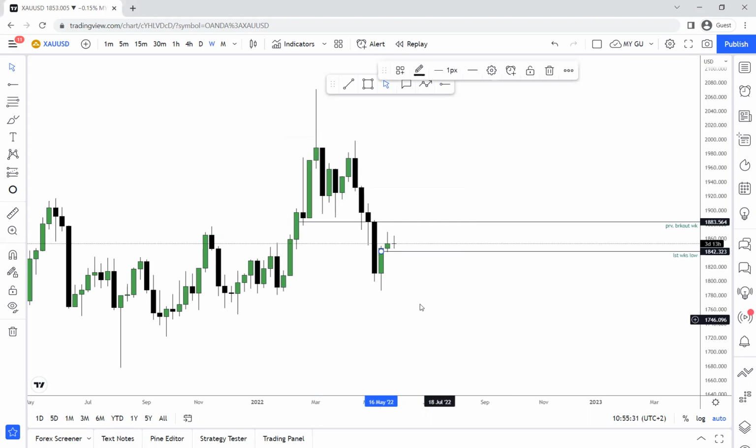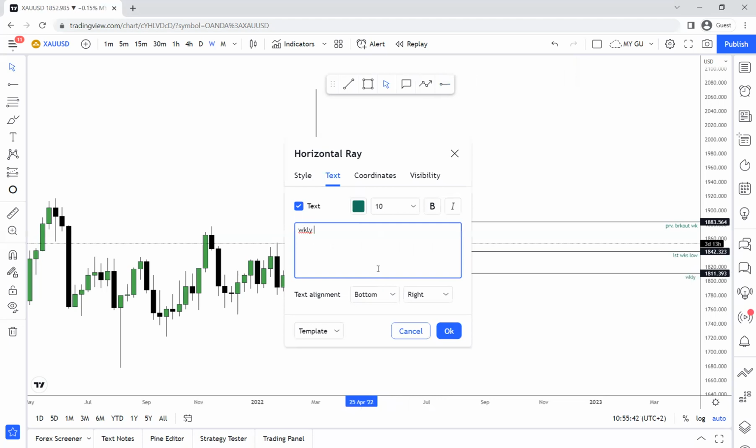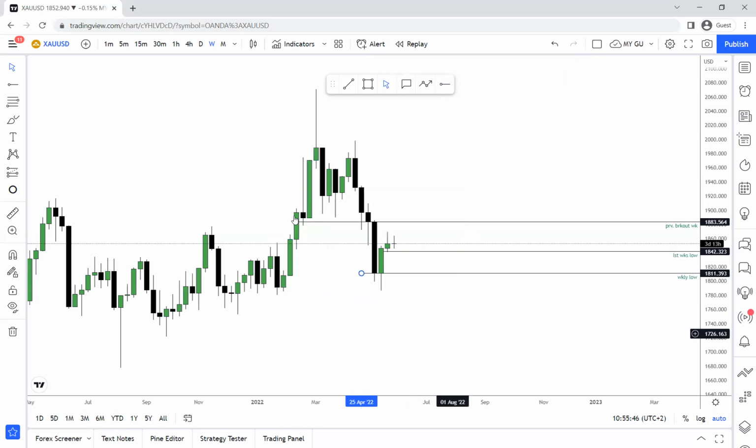And we need to know that on the lower time frames when we're trading. And then this is just a weekly low. So this could be our target. If price goes down, that could be our target, if we have a nice trade, a nice setup.